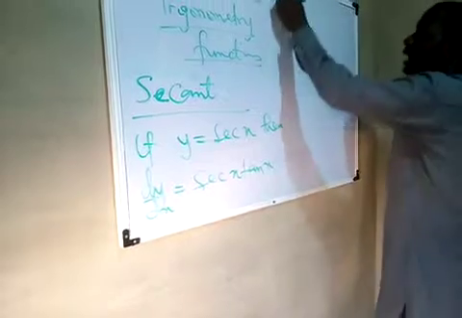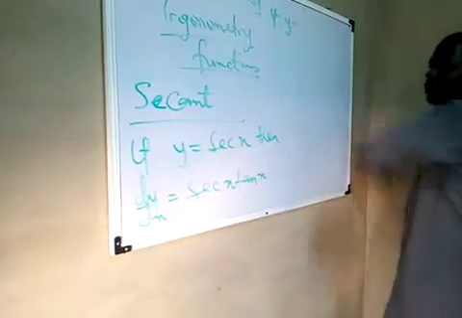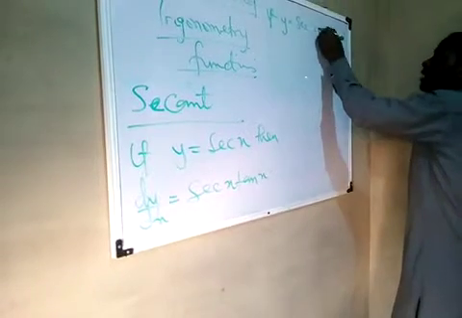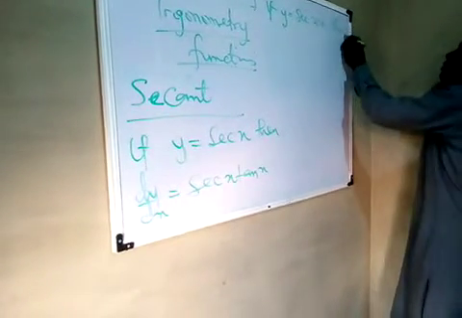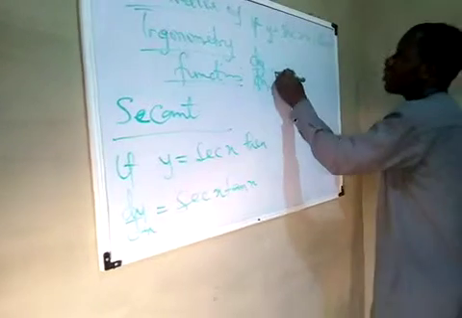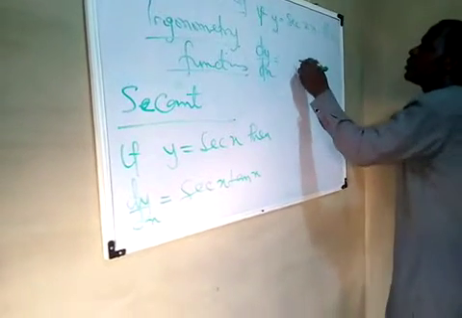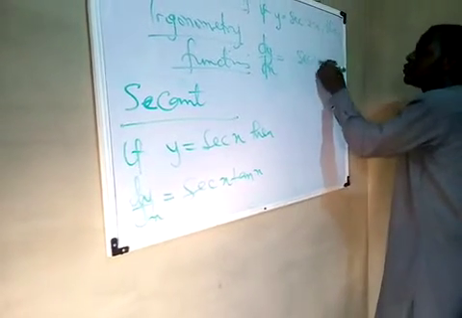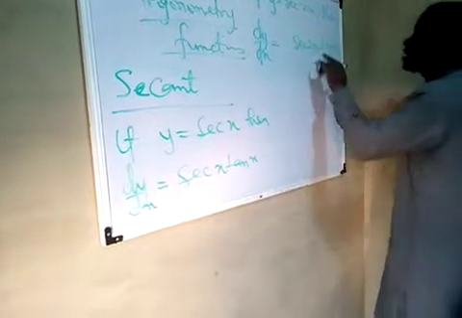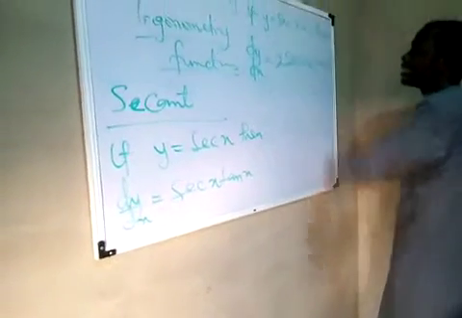So if y equals sec 2x, then dy/dx equals sec 2x tan 2x. Now differentiate 2x, you have 2. That is what I'm going to have.